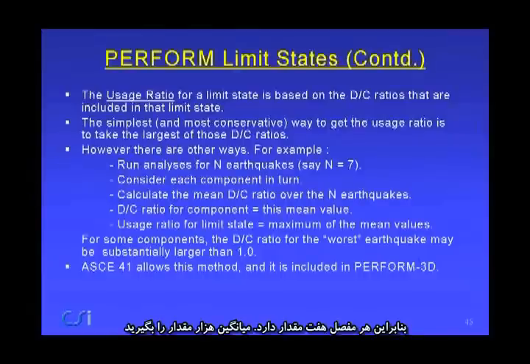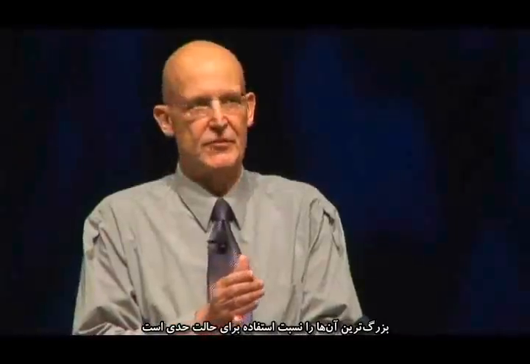So each hinge, you've got 7 values, take the mean, you've got 1,000 mean values, take the largest of those, and that's the usage ratio for the limit state. Now the demand capacity ratios for some hinges, for some earthquakes, may be larger than 1, possibly substantially larger than 1. But the biggest of the mean values would need to be less than 1.